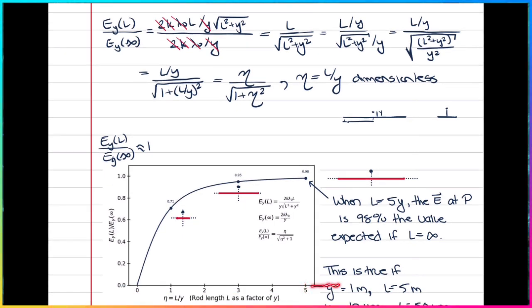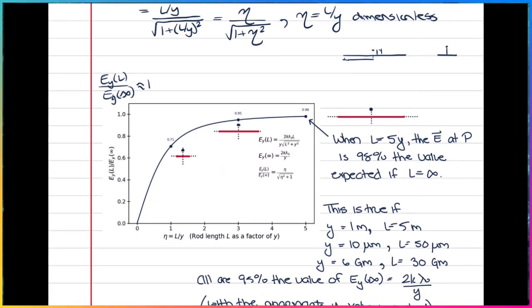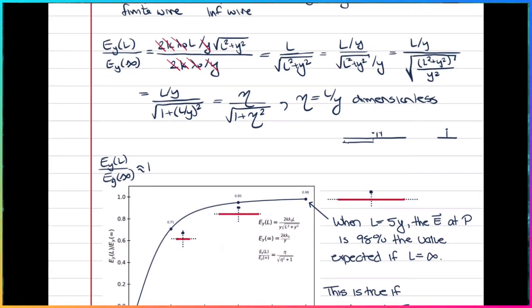And of course, as it gets bigger, this asymptotes closer and closer to 1. So that suggests you don't need to make the rod that long for this infinite rod approximation to be a good one. So we'll just use the infinite rod approximation.